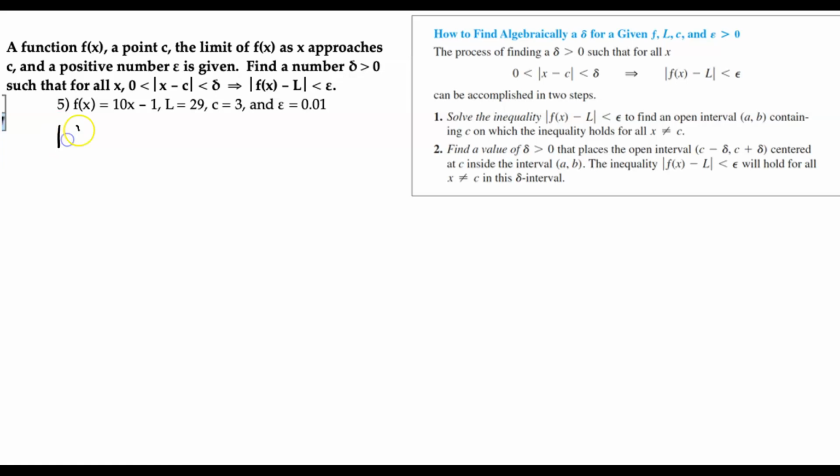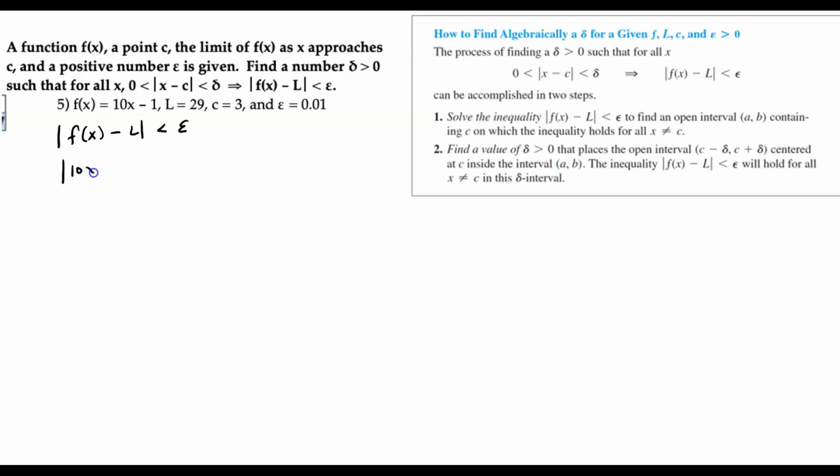First thing I'm going to do is write out that inequality that we get from the definition of the limit. The absolute value of f of x minus the limit L is less than the y tolerance epsilon. So what is f of x?